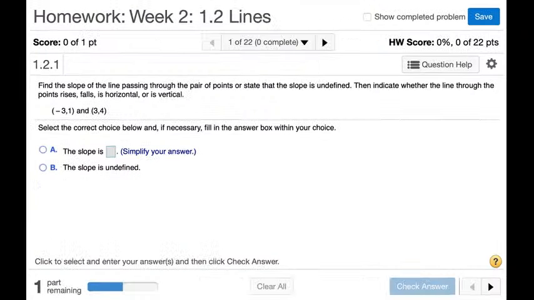Make sure this is showing. Okay. Find the slope of the line passing through the pair of points. Let's say the slope is undefined. So y2 minus y1 over x2 minus x1. So that's going to be 3 over 6, so that's a half. I think it's a positive 1/2.